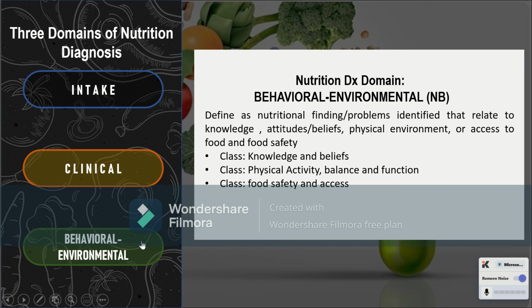So in knowledge and beliefs, ito yung may mga hindi naniniwala or disbeliefs in a science-based food and nutrition and information. At ito rin yung mga pag-cure ng mga chronic illnesses gamit yung alternative therapy. At yung may mga undesirable food choices kasi lack of knowledge at information.